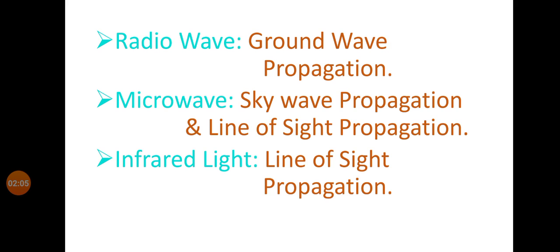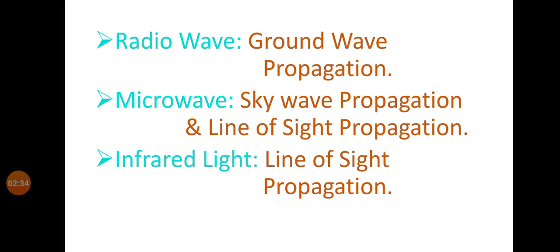Then microwaves are transmitted using skywave propagation, and sometimes line of sight propagation also, based on the microwave range. Then third one is infrared light, and that infrared light uses line of sight propagation.